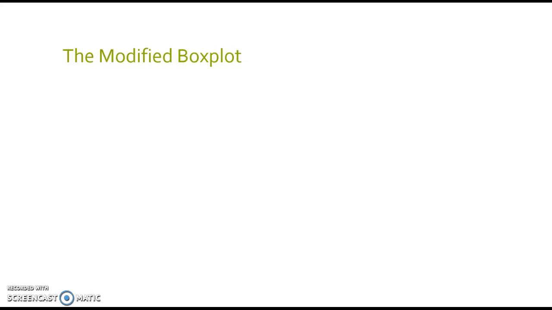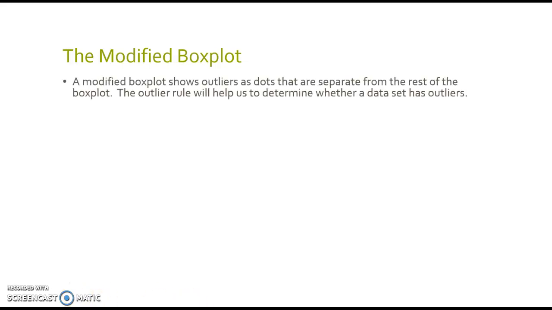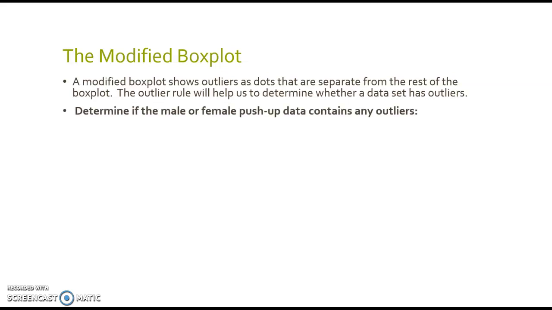So what we have to do first is to determine if the data set has any outliers. To do that, we're going to use a basic rule to determine what we call the boundaries beyond which outliers lie. First we calculate the value of the interquartile range, the spread of the middle 50% of the data, Q3 minus Q1.